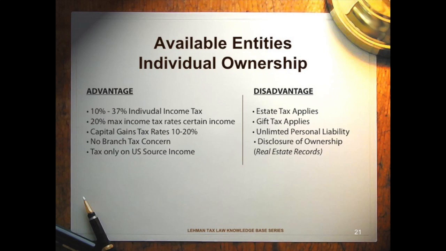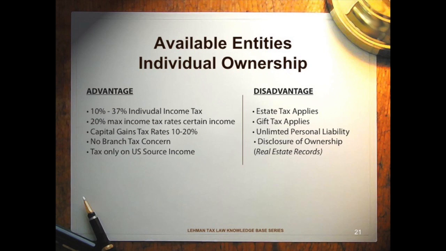You will have no branch tax because you're not a foreign corporation. But you will have U.S. income and capital gains taxes that also might be in the lower tax brackets. Now that's good from a tax standpoint, from an income tax standpoint.